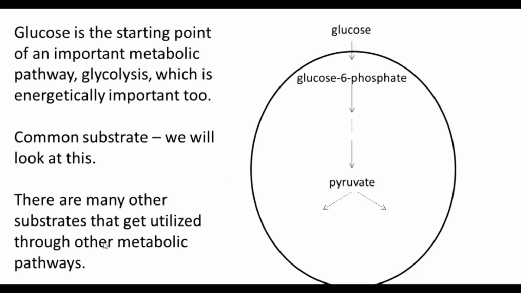There are many other substrates that can get utilized through other such metabolic pathways in the cell. Let's not get into the details. Glucose is not the only substrate, but it's a very common substrate. In fact, many times if there is a mixture of substrates, cells tend to prefer glucose.